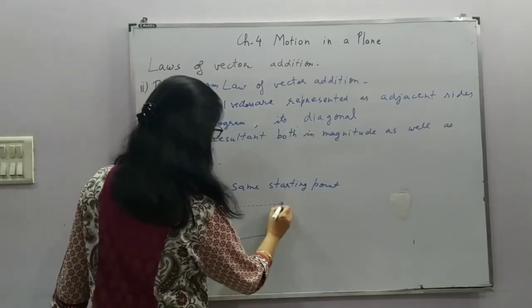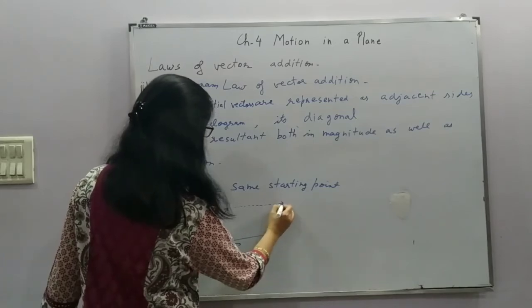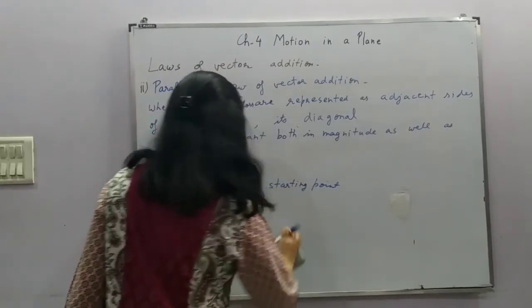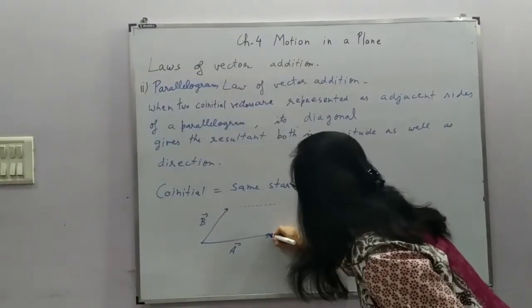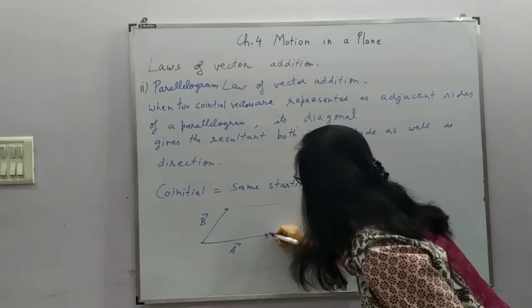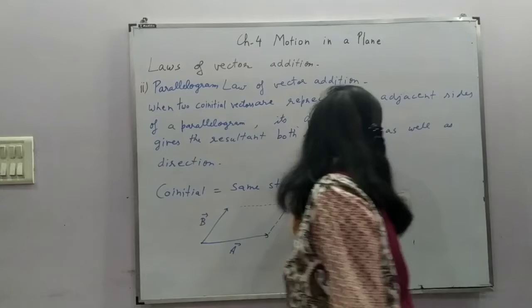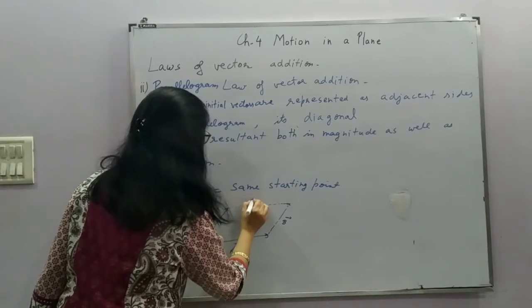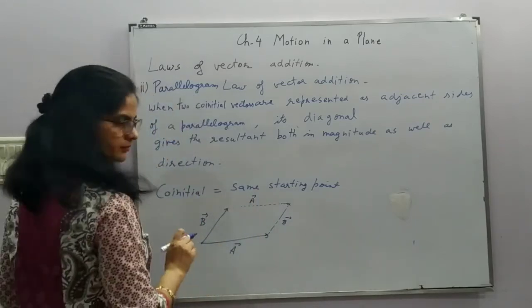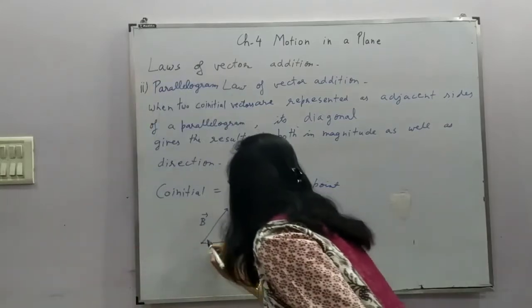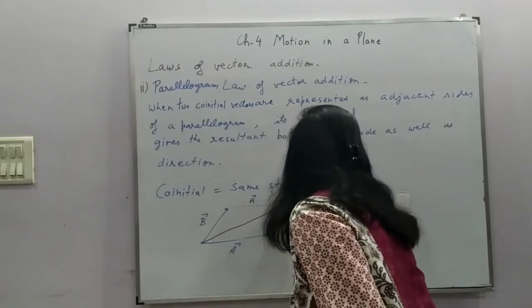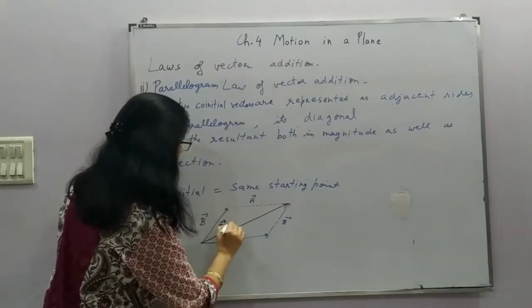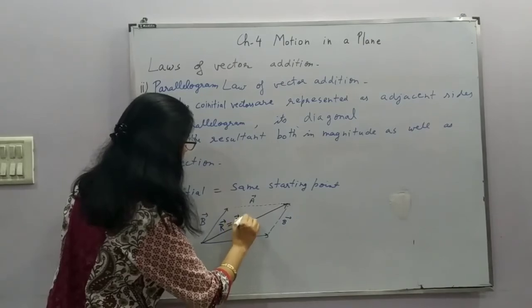So this side will be equal to this side. So this will be the same vector, B vector, and this will be the A vector. What will be the diagonal? The diagonal will be this. This diagonal will give the resultant of these two vectors.